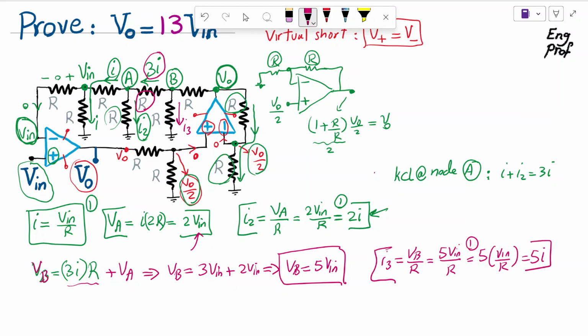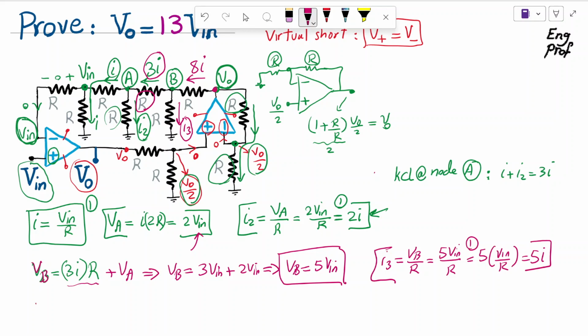So what it means is 5 times I, which is I3, is going downward from node B, and 3 times I going left. So because of KCL at node B, it means that 3I plus 5I give you 8I that goes from V out to VB.